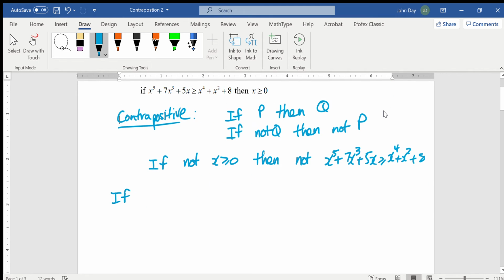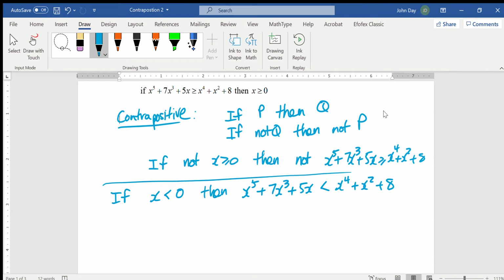if x is less than 0, then x^5 + 7x^3 + 5x is less than x^4 + x^2 + 8. So that's the contrapositive, and if we prove the contrapositive is true, then we've proved the original statement is true.